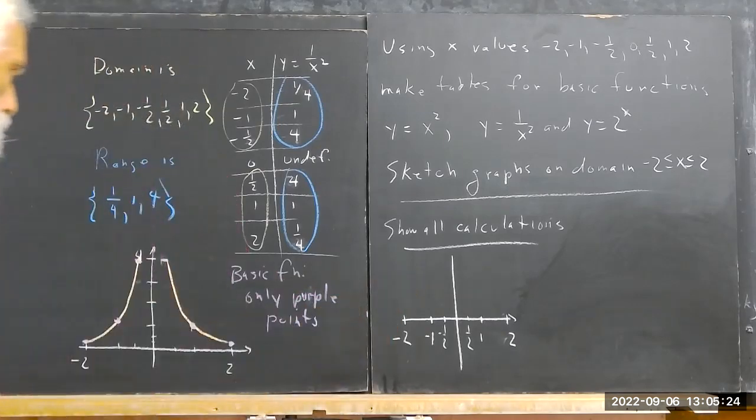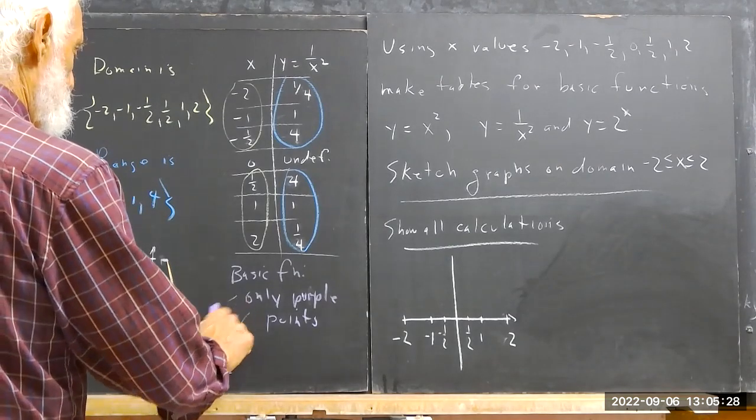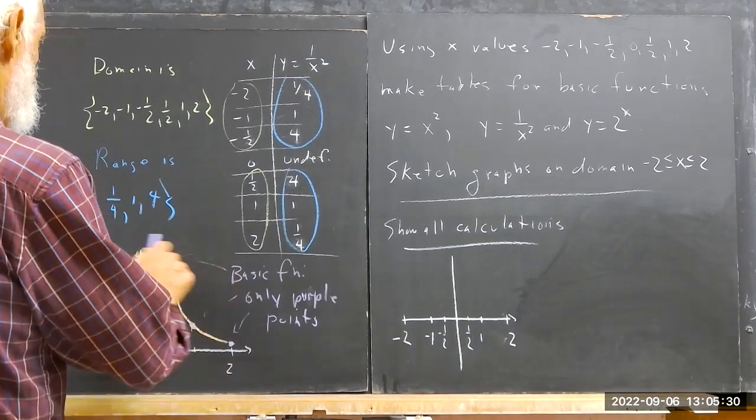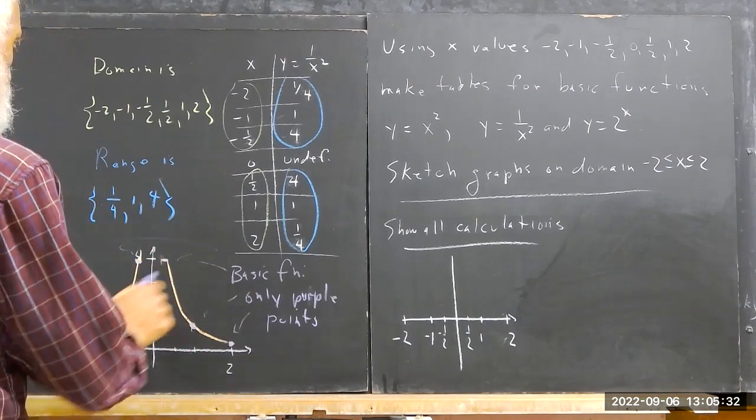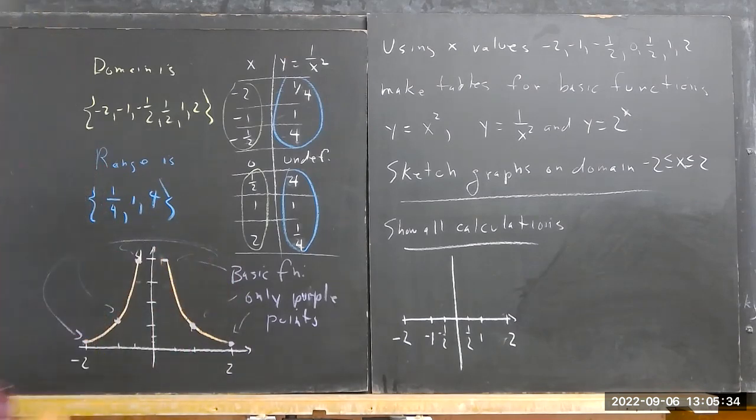The word started to read consists only of purple points. I use a terminology that Open Math isn't going to use, but I want to distinguish this. So I'm going to say the extended basic function is the curve.